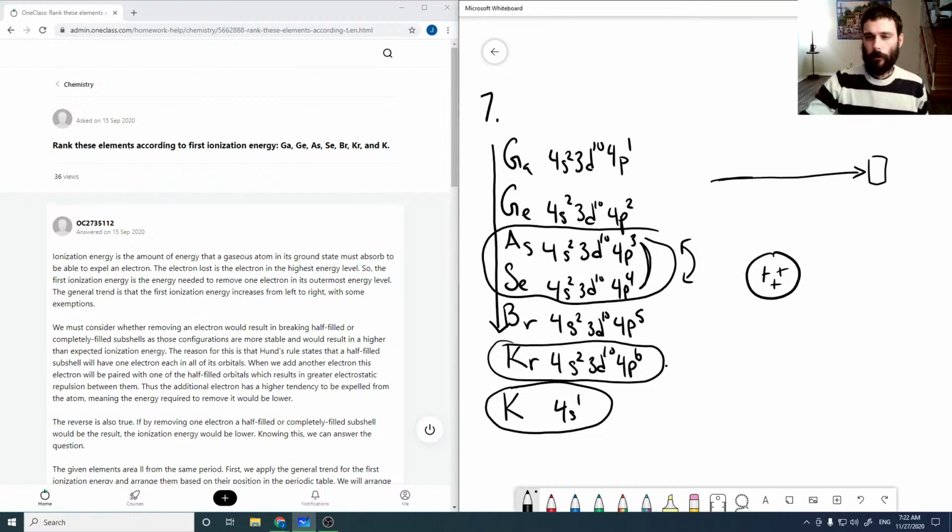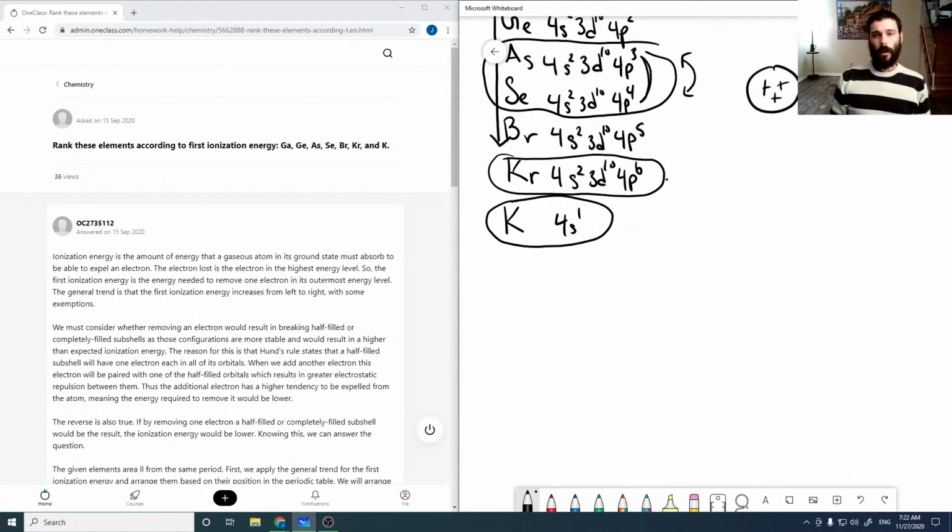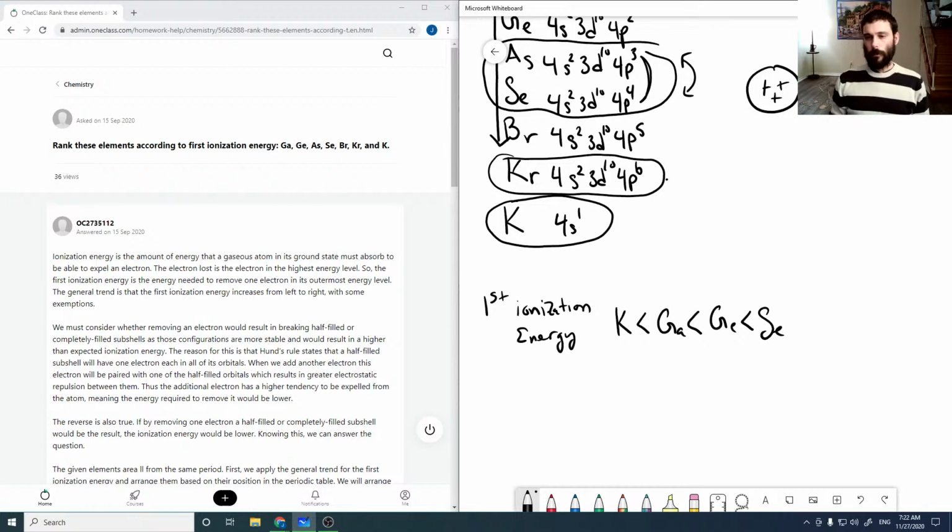So to answer the question here, for our first ionization energy, it should be potassium smallest, which is less than gallium, which is less than germanium, which is less than, and now arsenic and selenium are going to swap, so less than selenium, which is less than arsenic, which is less than bromine, which is less than krypton.